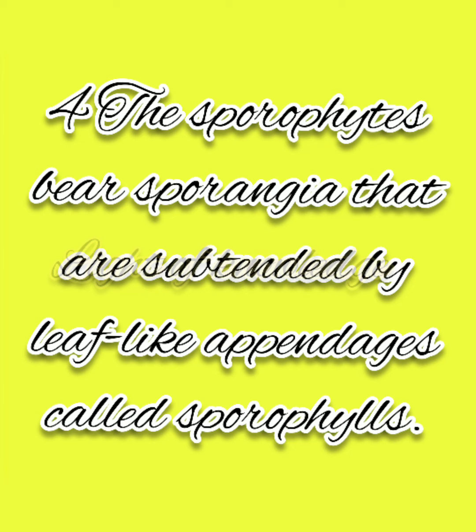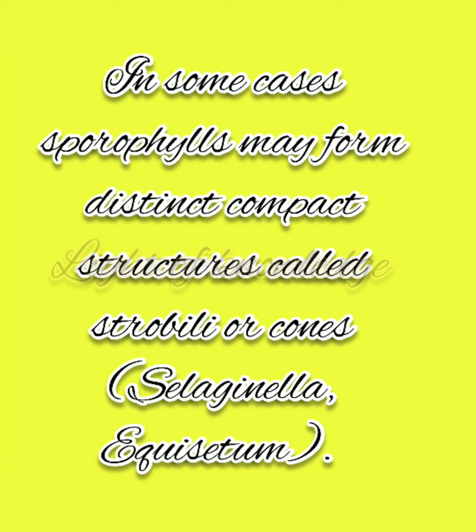The sporophytes bear sporangia that are subtended by leaf-like appendages called sporophylls. In some cases, sporophylls may form distinct compact structures called strobili or cones, as in Selaginella and Equisetum.